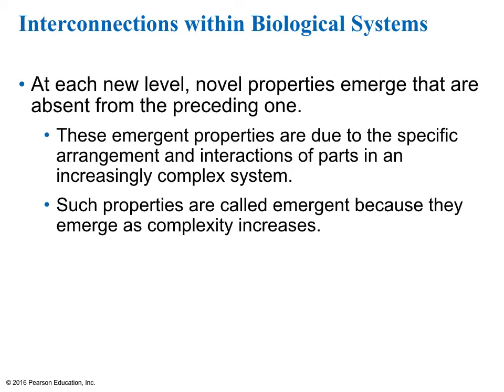These emergent properties are due to the specific arrangement and interactions of parts in an increasingly complex system. Such properties are called emergent because they emerge as complexity increases. So as you move down to a smaller scale, you see more and more attributes that are composed of that system.